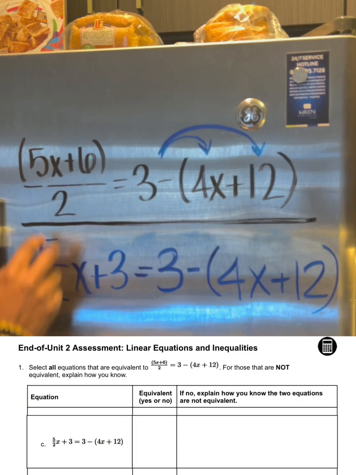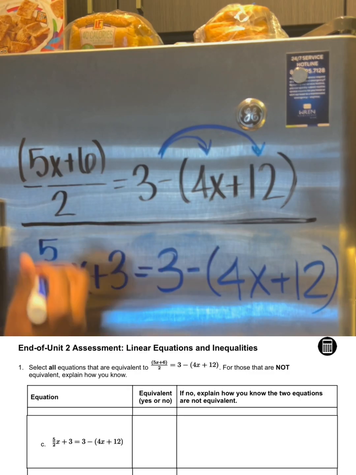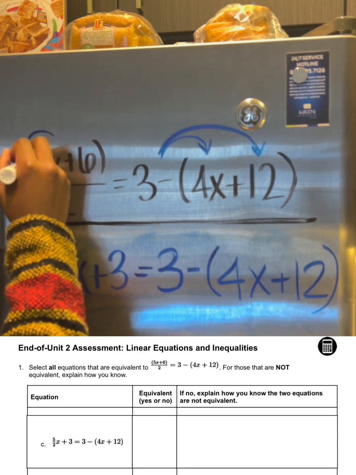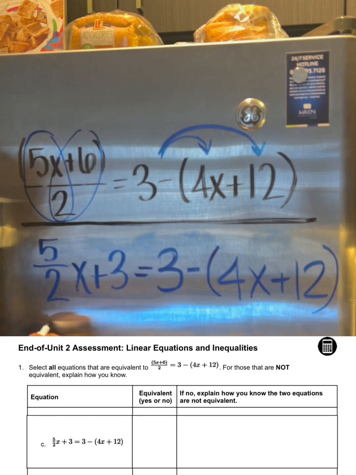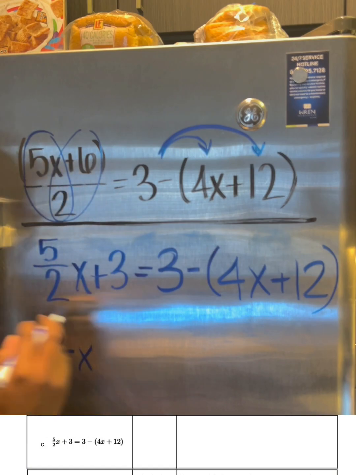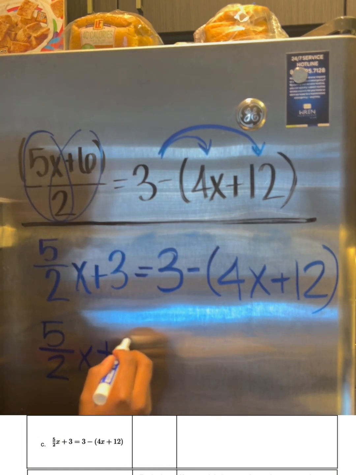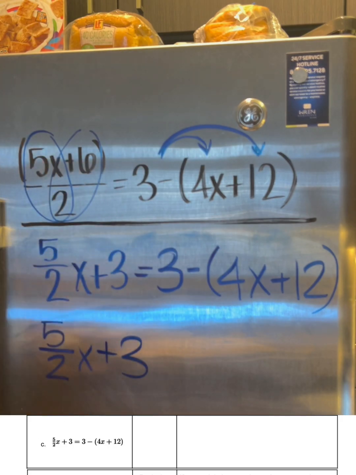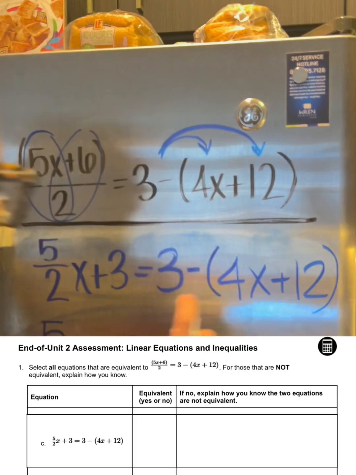If I divide the 2 by 2, I got this, and I gotta divide 5 by 2. The x just falls down with it. And then 6 divided by 2 is 3. That's where this comes from. So C is equivalent. C es equivalente.